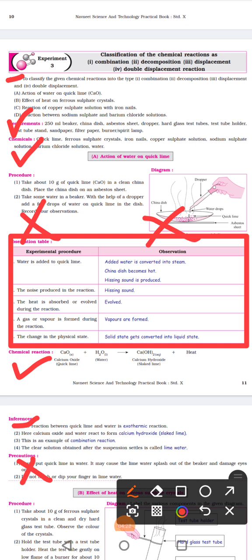Remember once again that all the questions are from your practical only, and mainly the questions are from the observation table, so learn the observation table properly. What is another name of calcium hydroxide? It is slaked lime. What kind of reaction? Combination reaction. Another one: an exothermic reaction is also formed. So remember each and every concept of your practical.